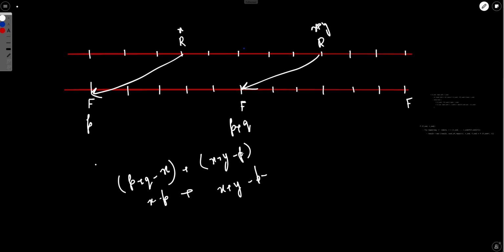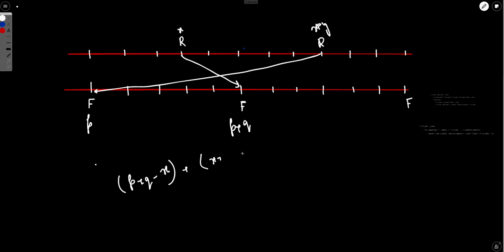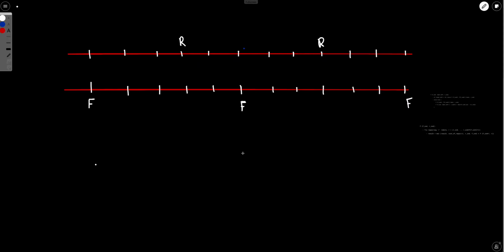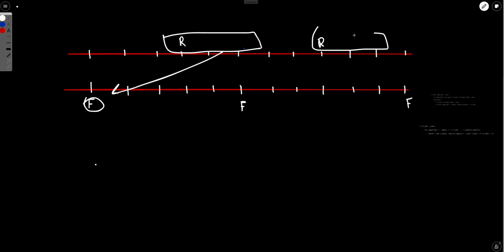Okay. So what we have just discovered is assignment will be done in the sorted order. So basically, this factory will be getting some of the robots, right? And then this factory will be getting some of the robots, and then this factory will be getting some of the robots, right? So this is the way you will be assigning, right?